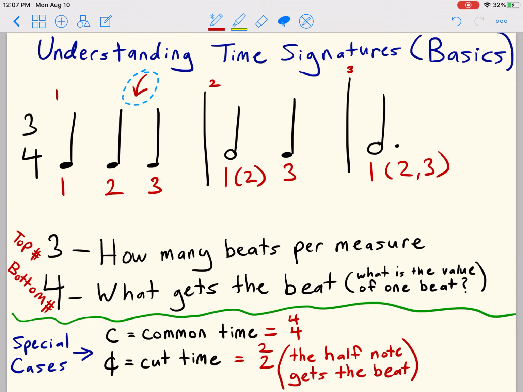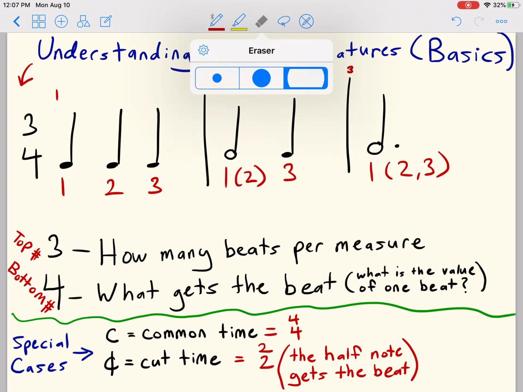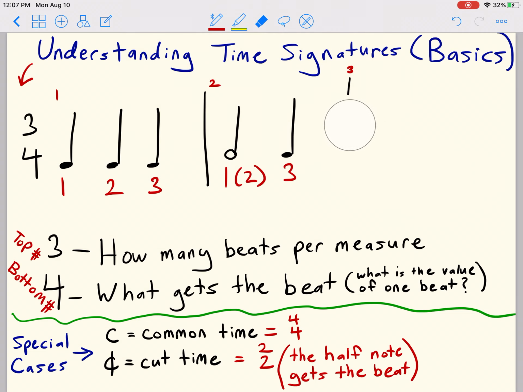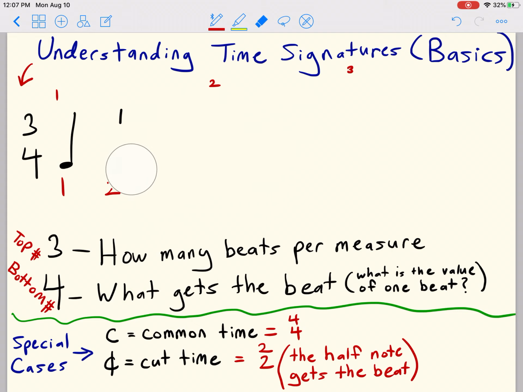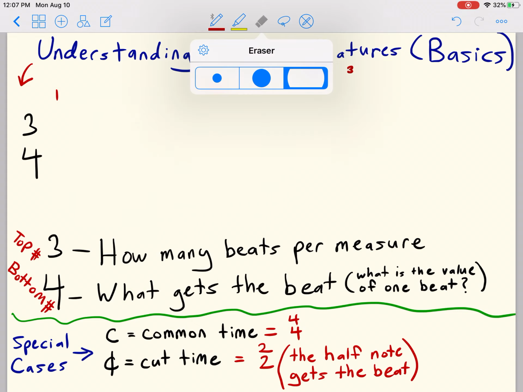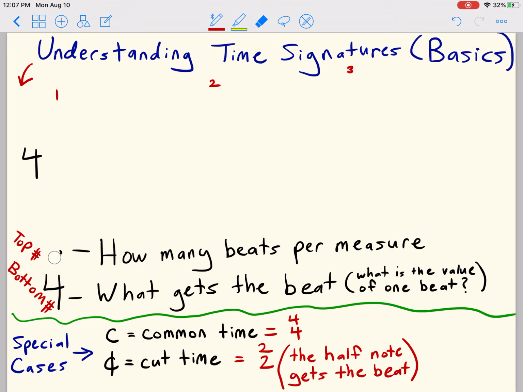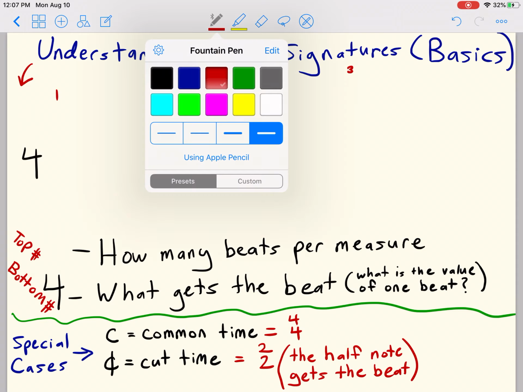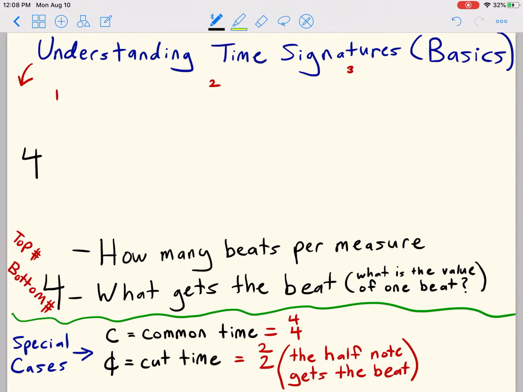Okay, now for one more example. We are going to cover the possibility of 2/4 time. I'm going to cover a couple of special cases at the end, and I'll do that in a moment.